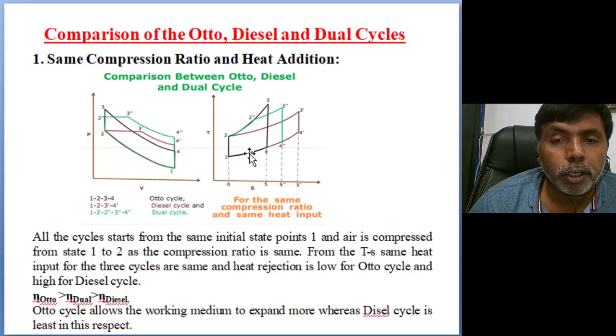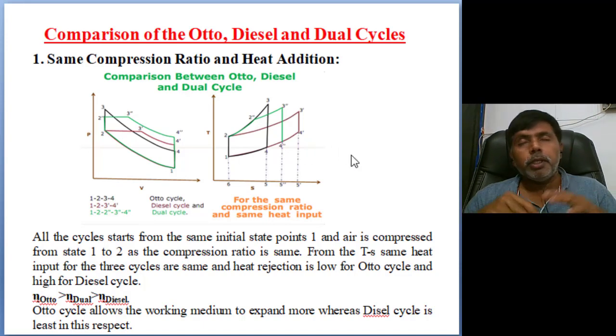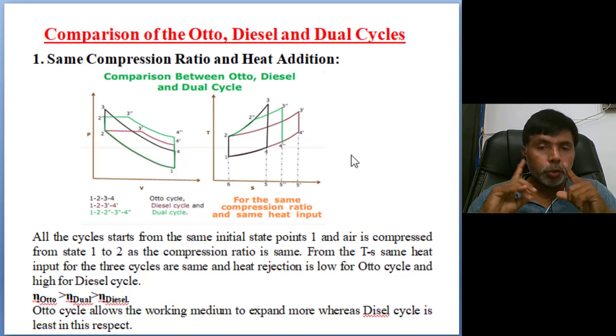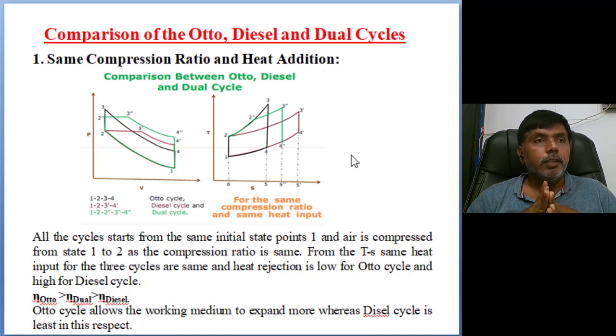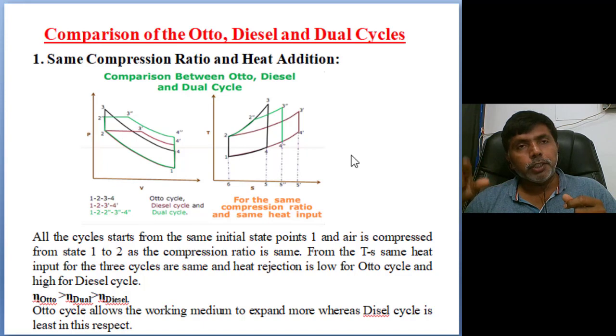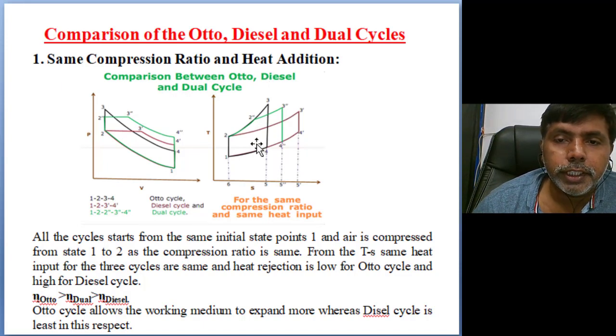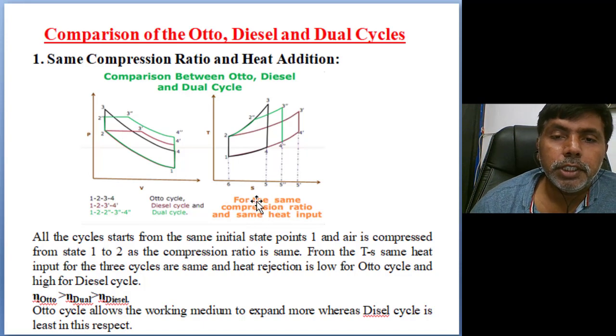So the heat rejection of the Otto cycle is low compared to the dual cycle and diesel cycle. Means with same compression ratio and same heat input, the Otto cycle has the highest efficiency compared to the diesel cycle and dual cycle. Since heat rejection is low, the subtracted term is reducing, so efficiency is increasing.